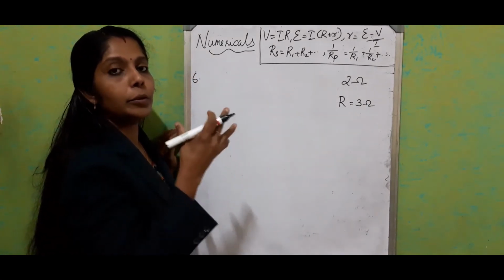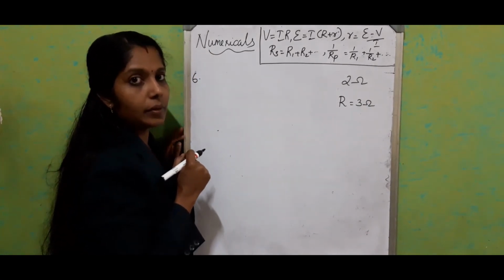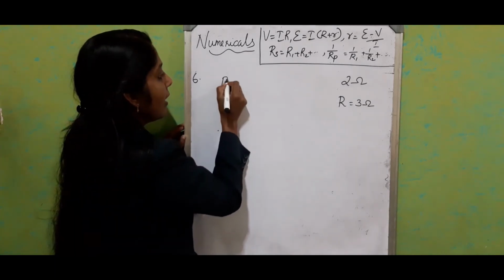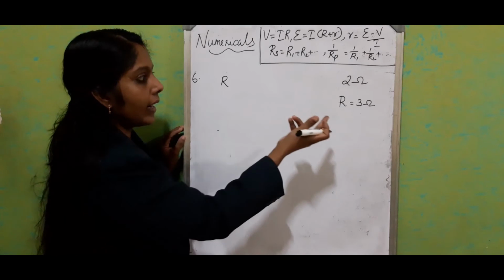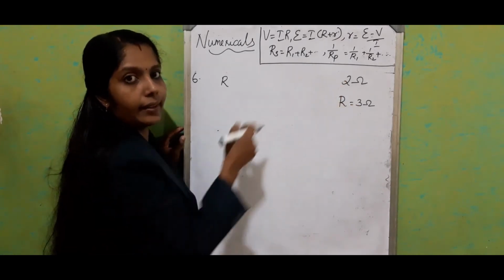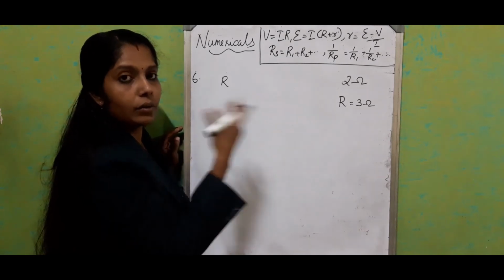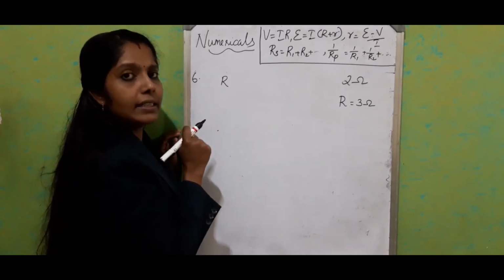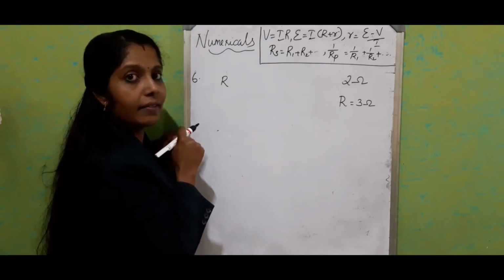So we have to choose a combination. Okay, let's try. We have 3 resistors. If we compare with the value, it's greater than the least value, so let's try if we connect them in series, whether we'll get the value.